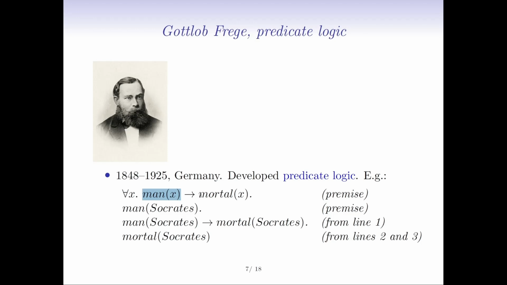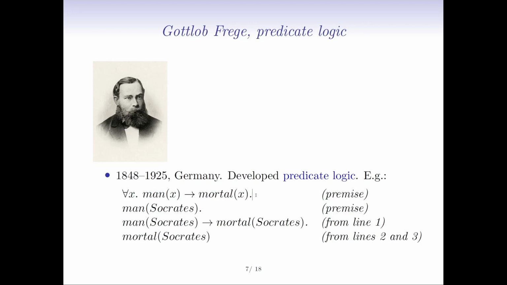And similarly, mortal here is another predicate or property of things. The arrow means implies, so A arrow B means if A then B. So this first line says, for all X, if X is a man, then X is mortal. And that's a translation of all men are mortal.